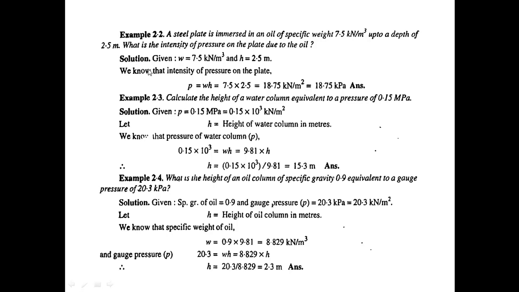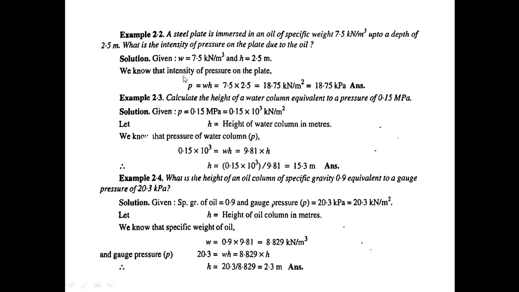First of all, we will write the given data. In given data, specific weight, which is unit weight of oil, is given, which is equal to omega equal to 7.5 kilonewton per cubic meter, and also the depth is given, which is 2.5 meters, so H is equal to 2.5 meter.